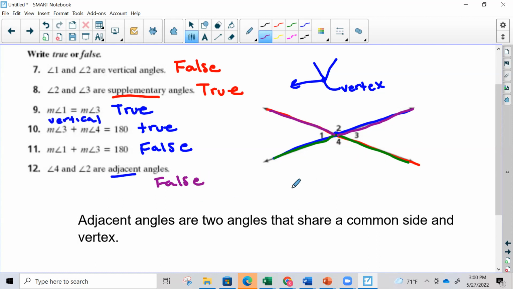But an example of adjacent would be angle 1 and angle 2. Okay, because they share this vertex. All of these angles share the same vertex. So that part is satisfied, but they also have to share a common side, and 1 and 2 share this common side, which 2 and 4 do not. Okay, so that is all the additional practice on the angles. If you have any questions, please let me know.